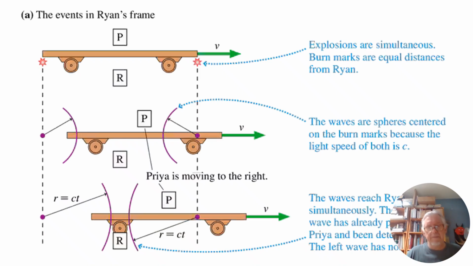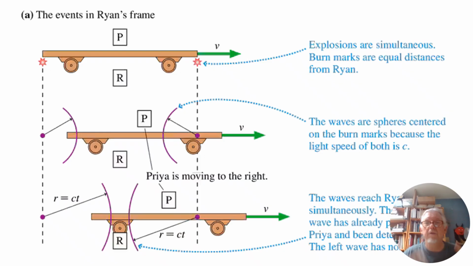Later, he notes the burn marks on the ground from the explosions, makes a measurement, and learns that he is standing midway between the two explosions, and consequently, he is standing directly across from Priya when the explosion occurs.